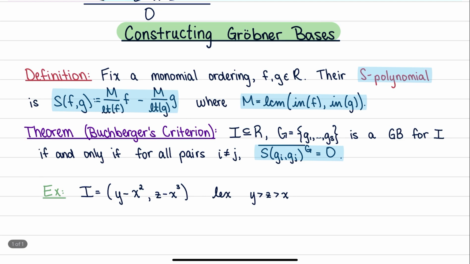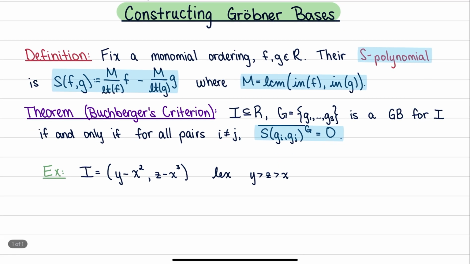Okay, so now we have a way to test if we have a Gröbner basis or not. Let's test and see if I was telling the truth earlier when I told you we had a Gröbner basis. So we had this ideal I, and remember we decided that this one was called F and this one was called G, and that these were my initial terms. So let's see if we actually have a Gröbner basis here or not.